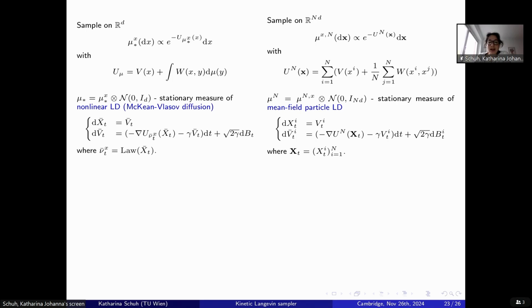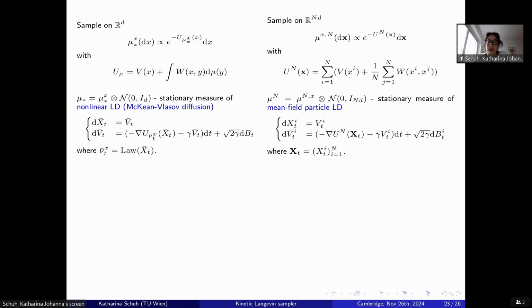So where we have now, instead of U, this potential U depending also on the law of the process at time t. And on the right-hand side, we have the mean field particle Langevin dynamics. So for n particles, each particle has the Langevin dynamics here with the potential U_n.